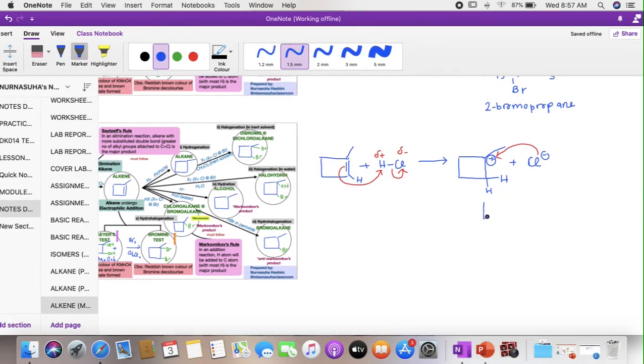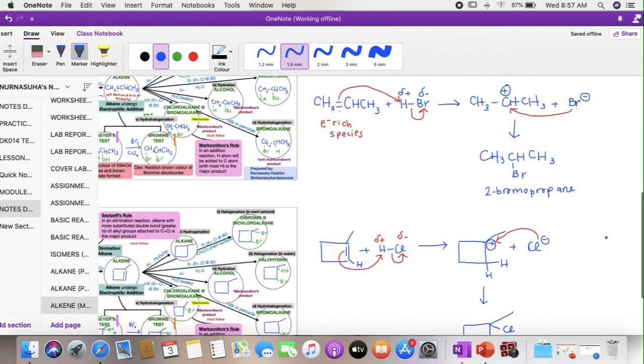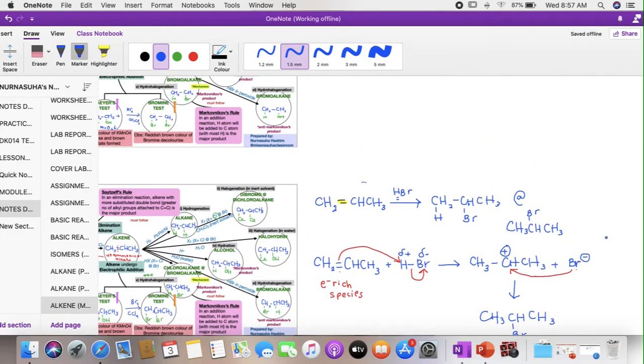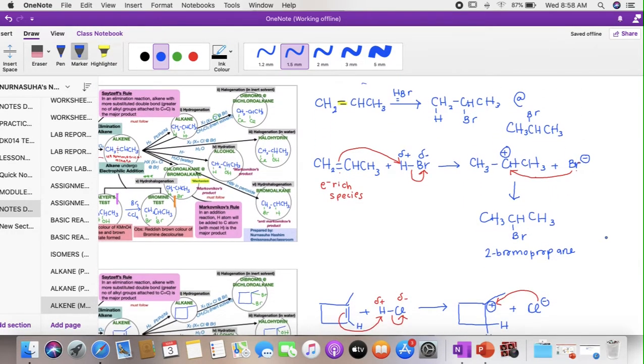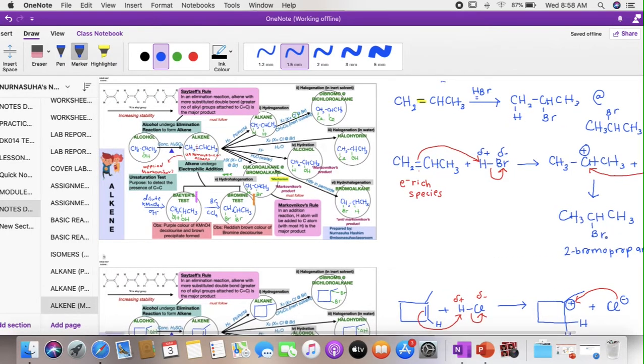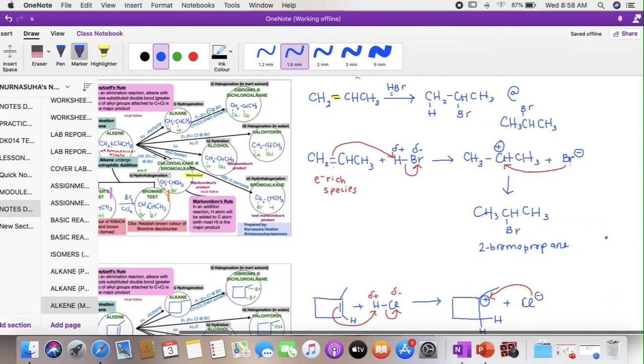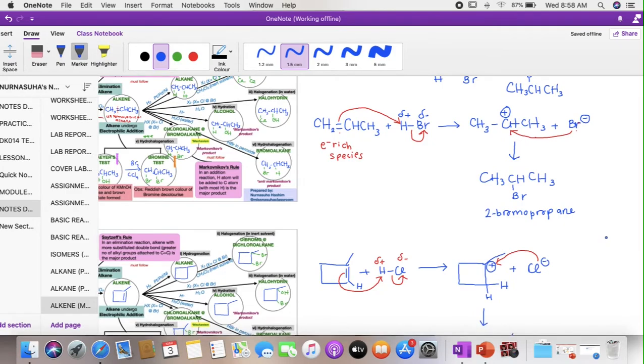So now, our cyclobutane, the C+ just now will form a new covalent bond with chlorine. So that is our final product. Okay, so that's the mechanism for hydrohalogenation of alkene. So kalau ada apa-apa masalah boleh tanya.